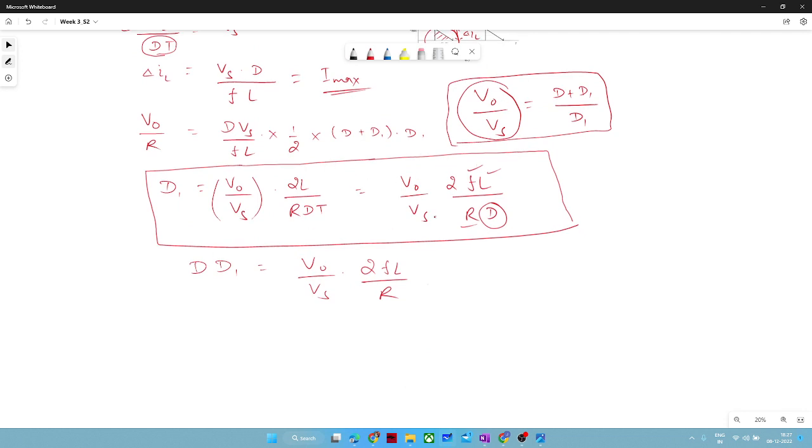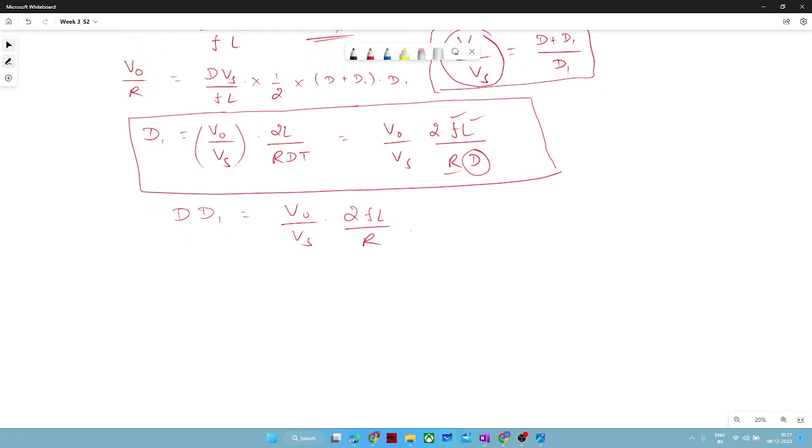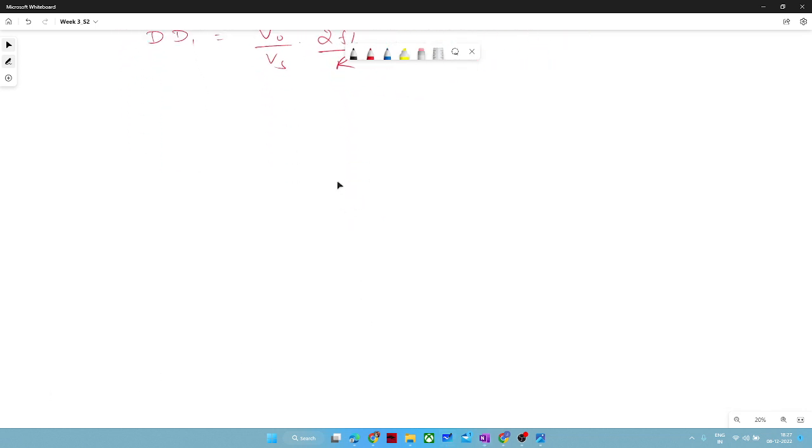So this expression, I think you should keep in your mind, or you can derive it at any time. Now moving towards some problems. So I will write some data and we will find some values, or we need to identify its conduction mode or its values.